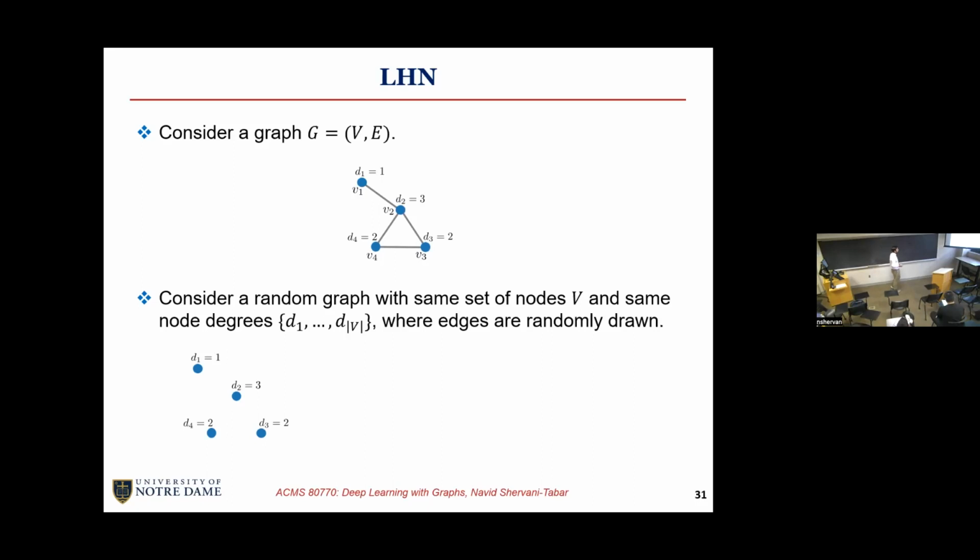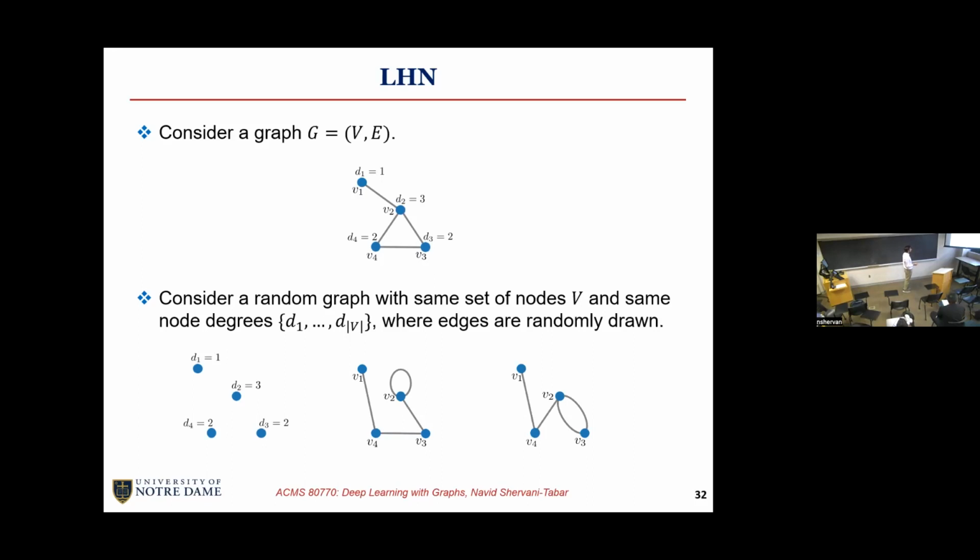So, for example, I can draw this graph, where V1 again has degree 1, V4 has degree 2, V3 has degree 2, and V2 has a self-loop this time, so it has degree 3.